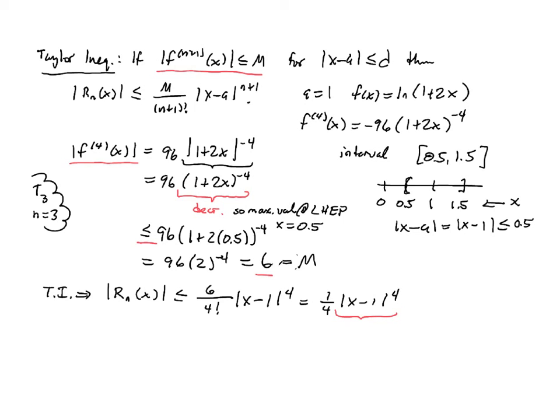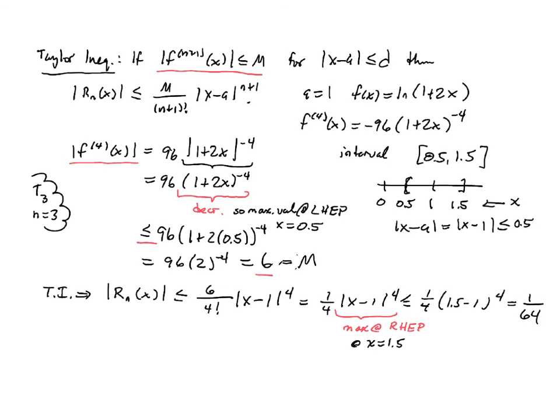And this is going to have its maximum at the right-hand endpoint for our interval, which is at x equals 1.5. And so we conclude that this is less than or equal to 1/4 times 1.5 minus 1 to the 4th, and that is what simplifies to 1 over 64.